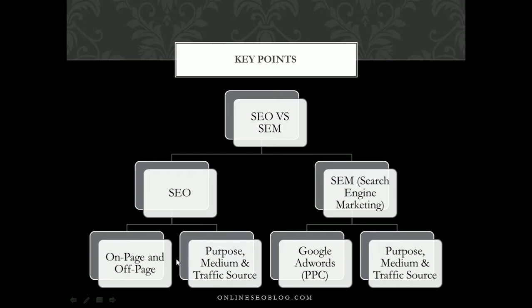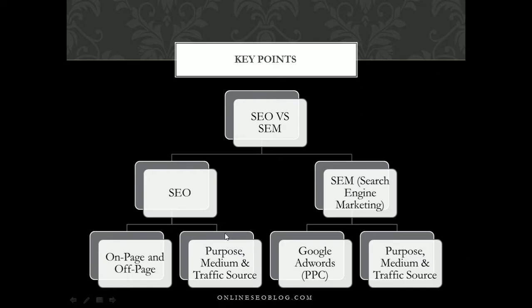The medium would be on page and off page. The traffic source would be the end user who clicks on our off-page promotional link, or who may directly visit us via organic traffic. That would be the traffic source, that is Google, Bing, any search engine, or maybe via the promotional approach that we had done under various off-page SEO techniques. And here the purpose is to market our website.